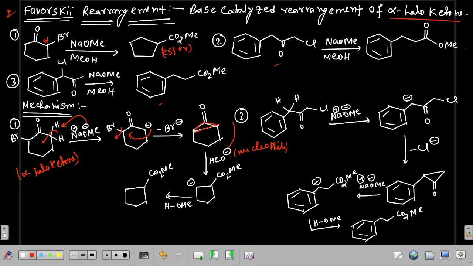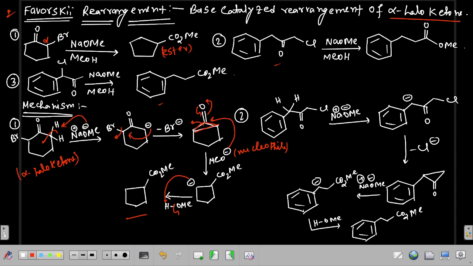It will attack on the carbonyl center, so it leads to the opening of this three-membered species and this bond will break and it leads to the formation of this cyclopentyl group with methyl ester and anion. Now this anion will abstract the proton from methanol and it leads to the formation of this cyclopentyl ester.